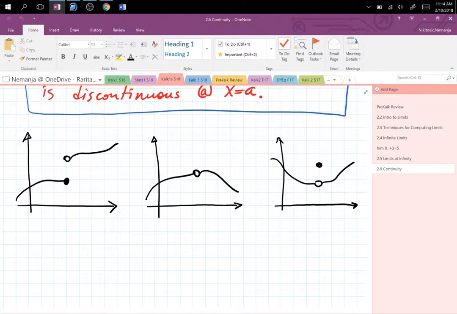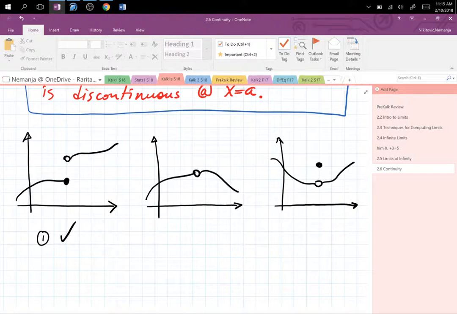Great. Which rule out of three is broken on the first graph? Very good. Rule number two. Function value exists. That's that black dot. So, rule number one, pass, because f of a is right where the black dot is.